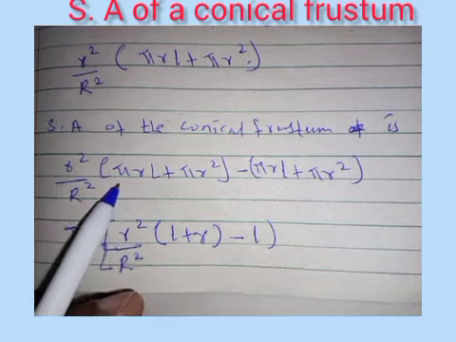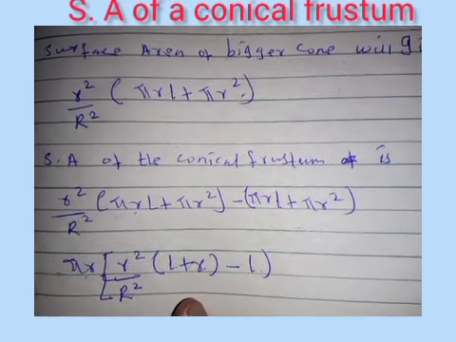So we have factored out pi r. That is what we obtain.